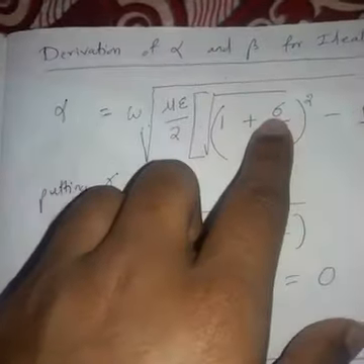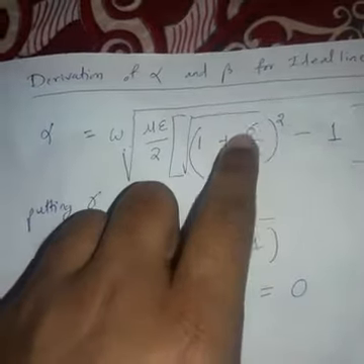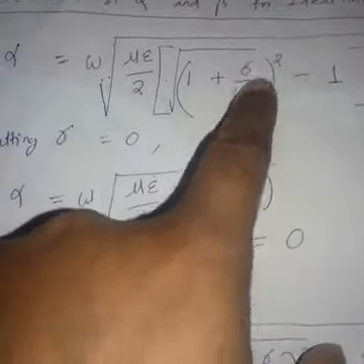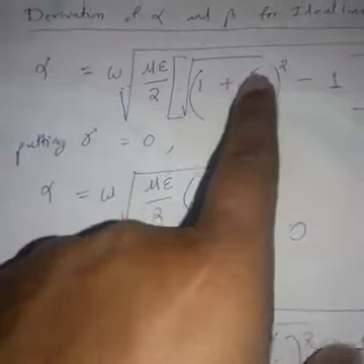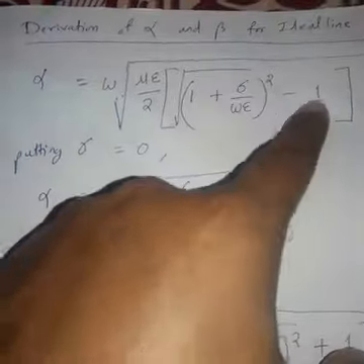So putting sigma 0, 1 plus 0 whole square. So this sigma I am putting 0, so 1 plus 0 whole square becomes 1. Root over 1 becomes 1. 1 minus 1 becomes 0.